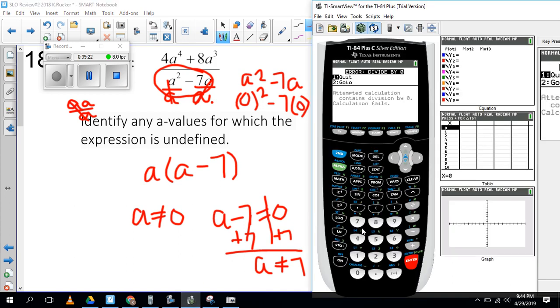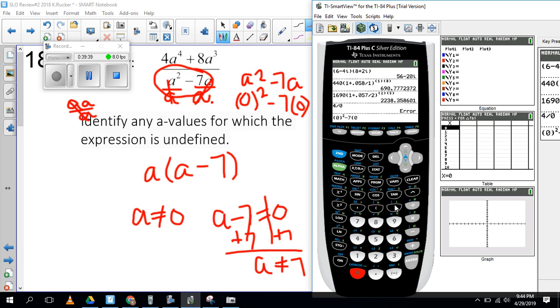So if I do parentheses 0 squared minus 7 parentheses 0, I get 0. So remember, we want to know what value is going to make that a 0, because 0 cannot be in the denominator.